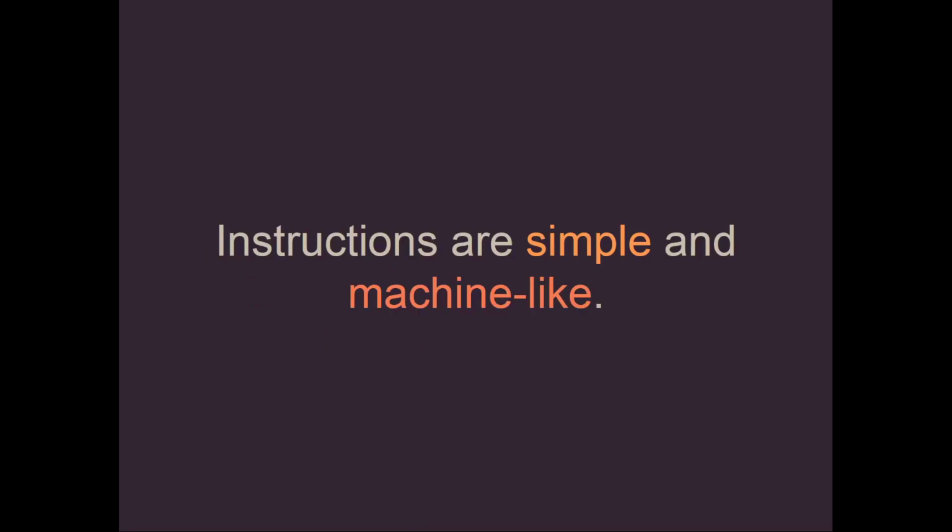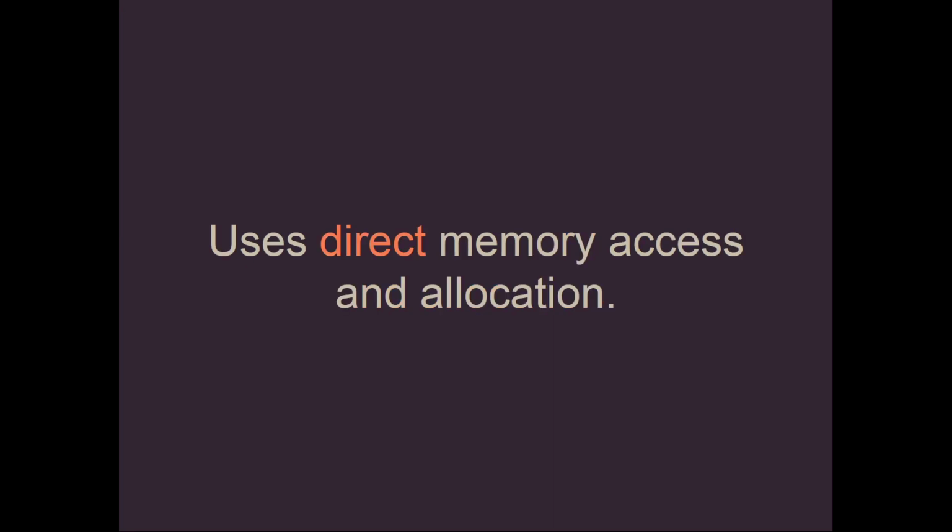The first level of abstraction is low level. Here, instructions are simple and machine-like. These programming languages use direct memory access and allocation. That means that these languages can directly manipulate memory and change the values of those memory locations.